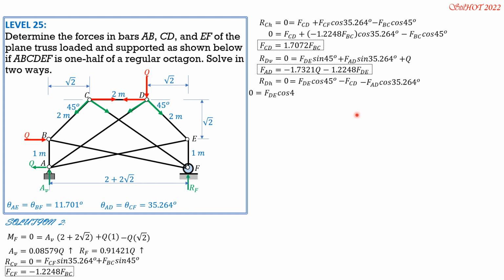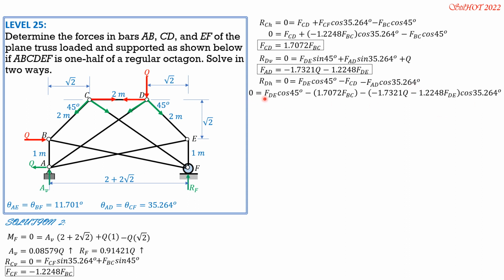this. So 0 equals FDE cosine 45 minus 1.7072 FBC minus FAD, which is negative 1.7321 Q minus 1.2248 FDE, then cosine of 35.264.